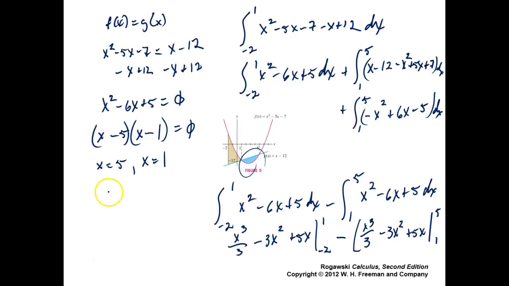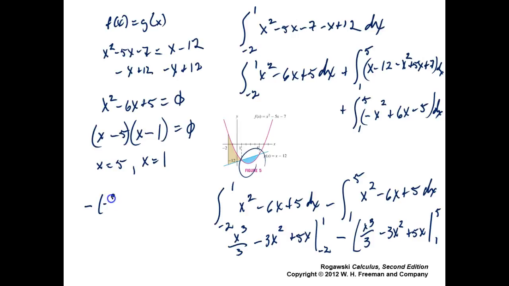So let's do this. So let's plug in a negative 2. So that's going to be a minus. And when you put a negative 2 in for x, what does that give you? Okay, it's going to be a negative 8/3, right?